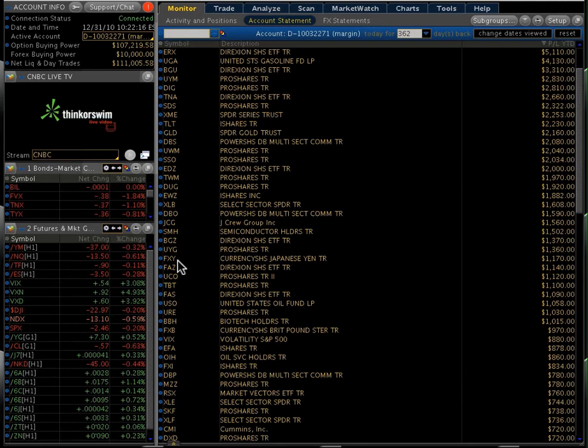FXY, the Japanese yen currency ETF. I did not have to trade currencies separately, but I traded the options on the currency exchange traded funds in addition to TLT, the 20 plus year Treasury Bond Index.